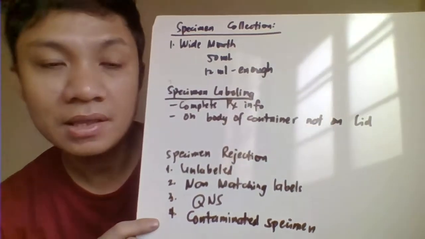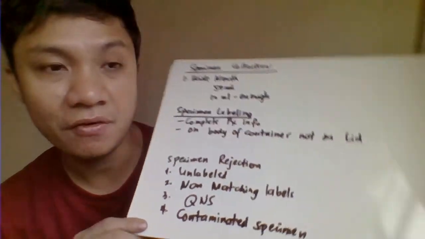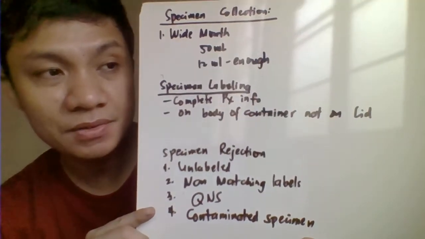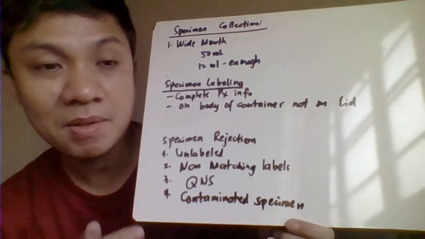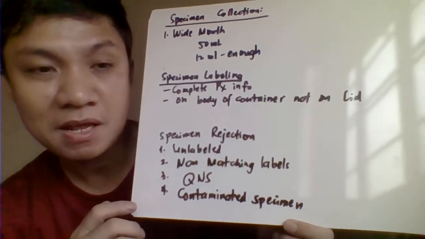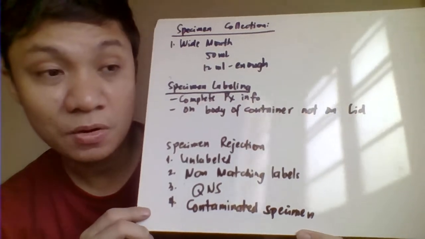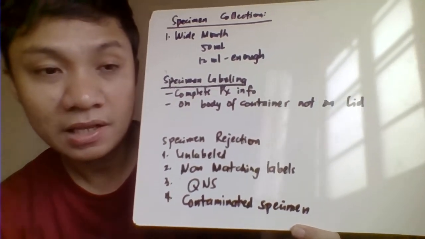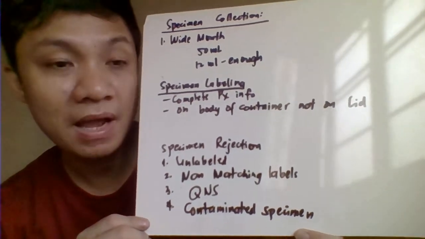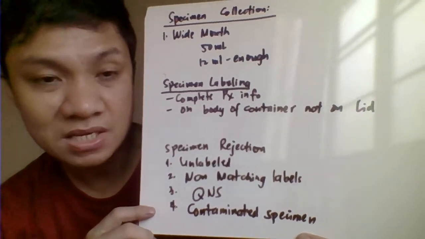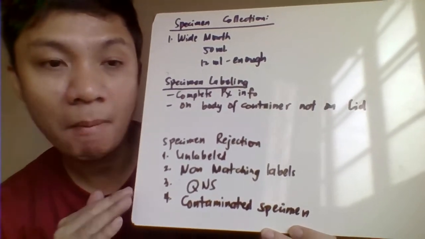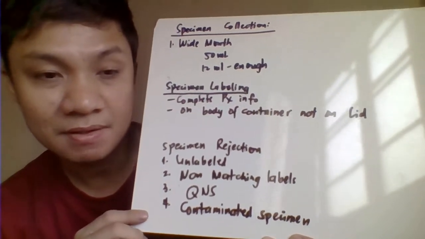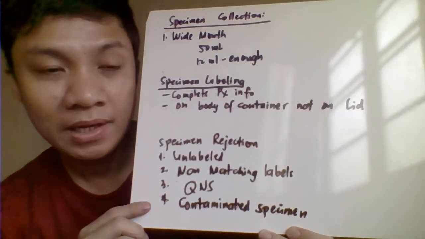Another one, contaminated urine, especially for babies, for example. There is always the challenge of collecting urine from a baby, especially a female patient, because the urine sample might be contaminated by the fecal sample of the patient. Then another one, not properly preserved specimen.